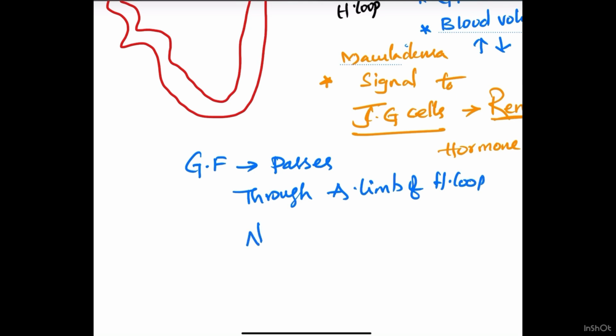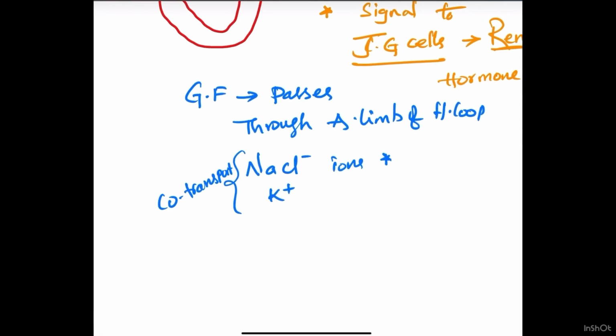It's going to be recognized that sodium, chloride and potassium ions move together, like a co-transporter. If it is less or if it is more, this is going to be recognized. As a result, what happens here? It's going to produce adenosine.